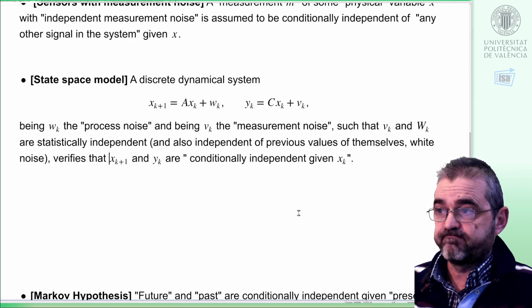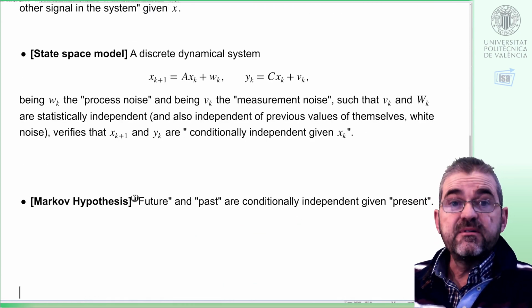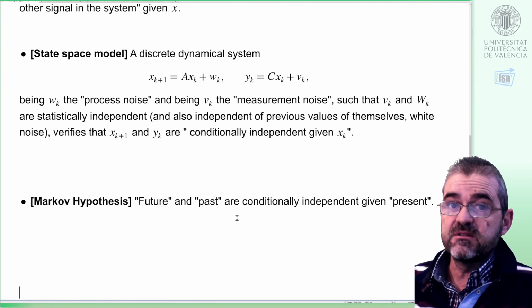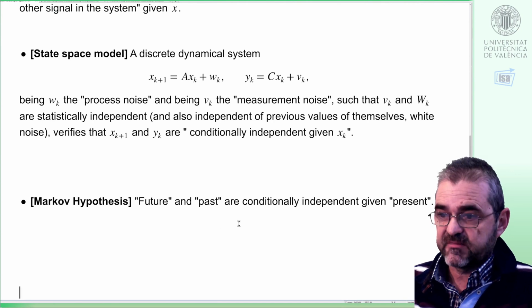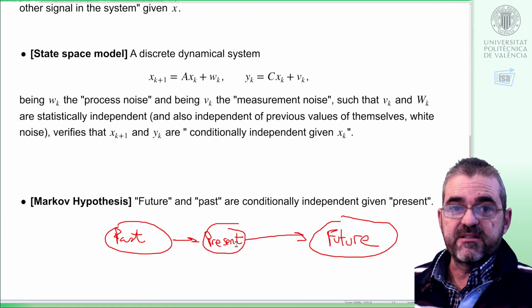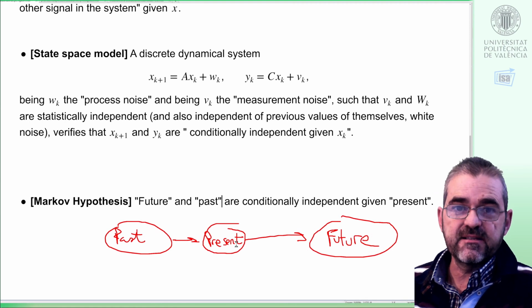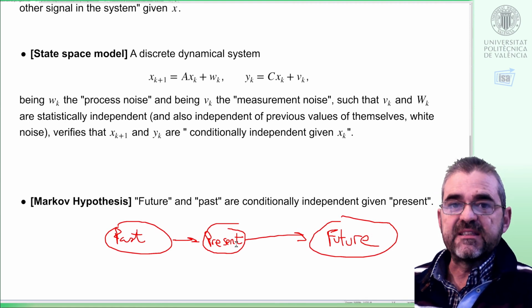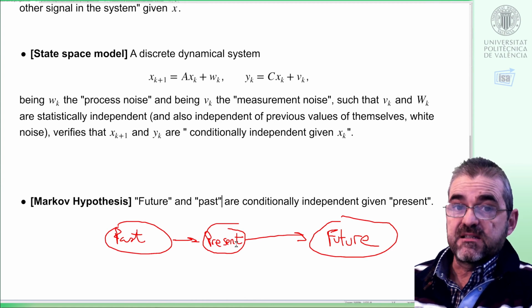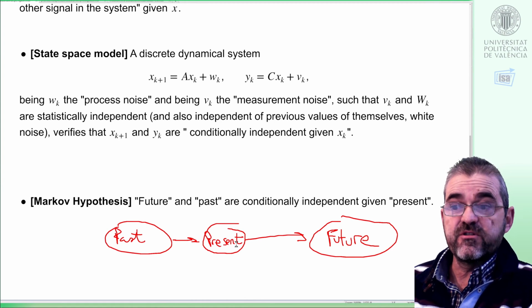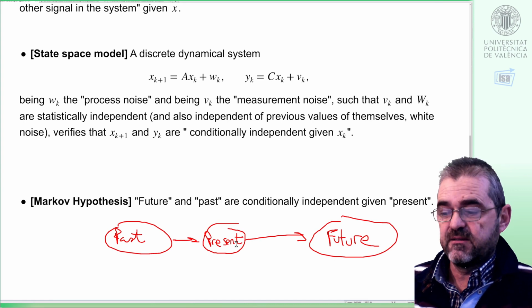And of course, that ends up in what is called the Markov hypothesis, underlying most dynamical models in physics when we have random inputs, in the sense that our understanding of the world, at least without quantum entanglement and stuff like that, is that the past influences the future only through the present.